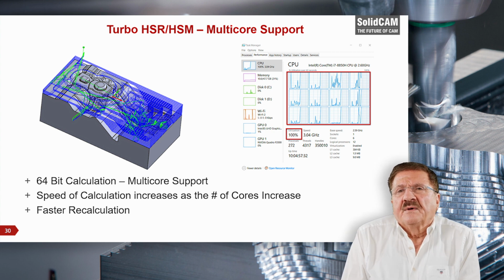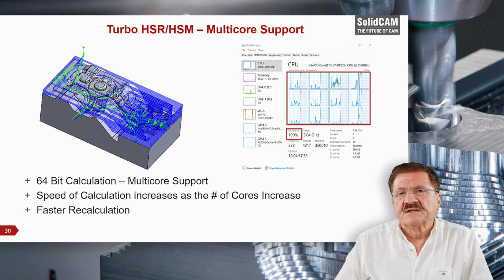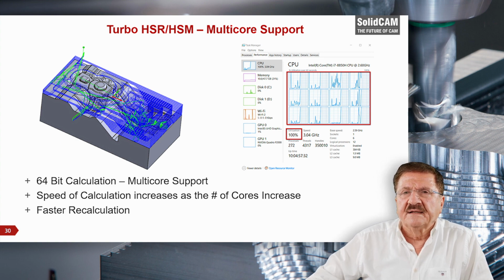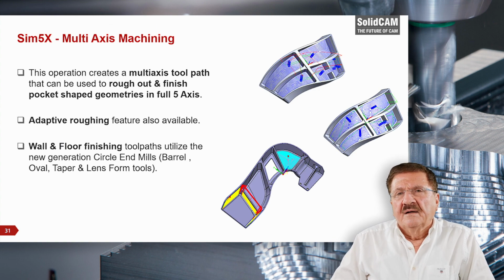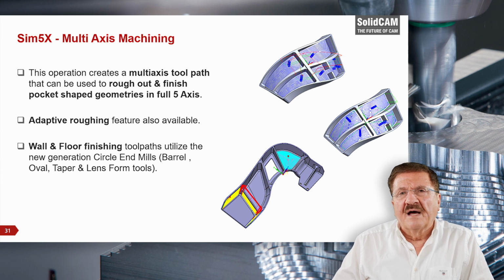Some other areas where we had improvements: our Turbo HSR HSM, we have now 64-bit calculation and multi-core support. So the speed of the calculation increases as number of cores increase, and we have also faster recalculation. In simultaneous 5-axis, where we have also amazing functionality, we have added multi-axis machining.